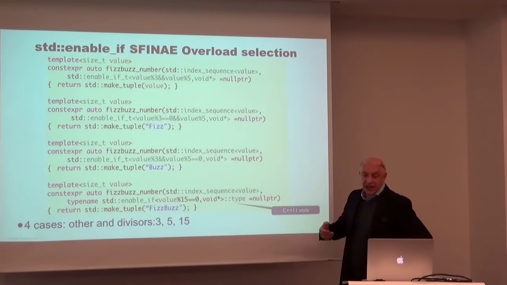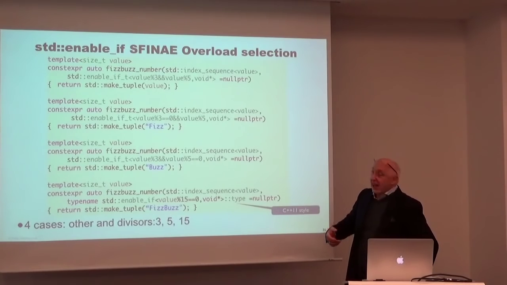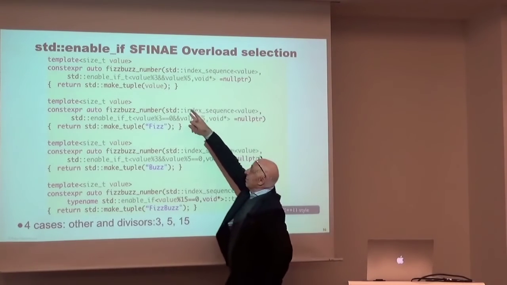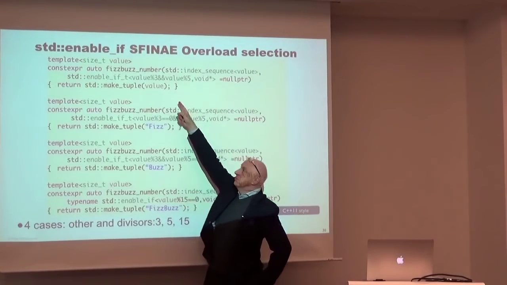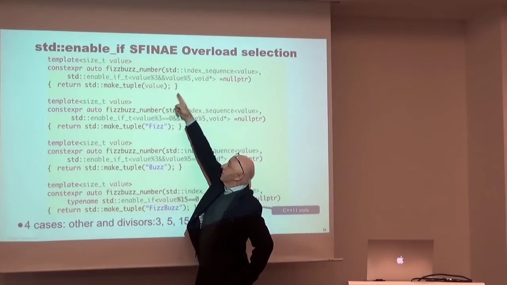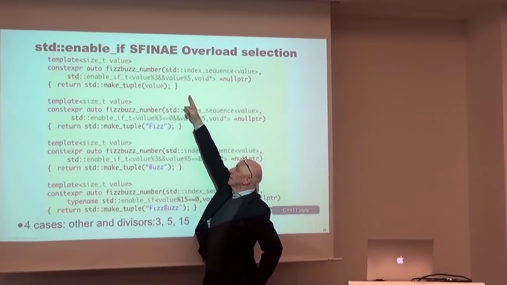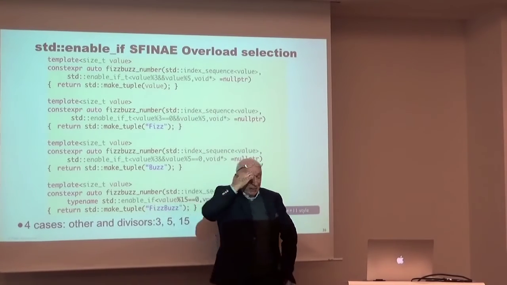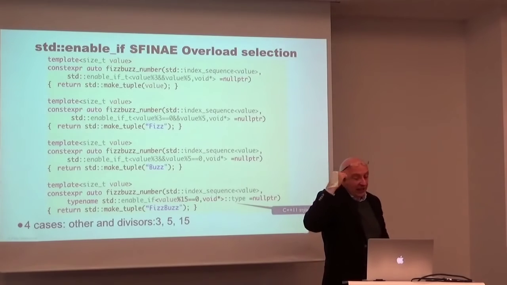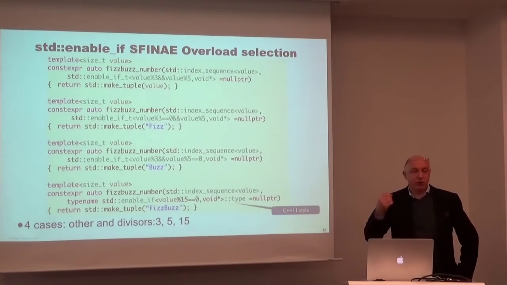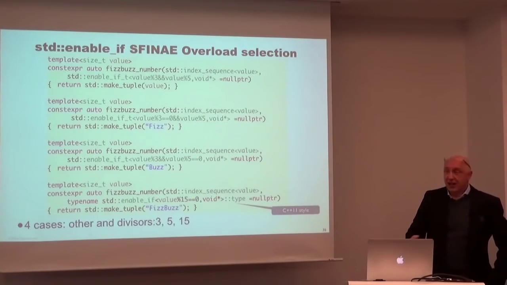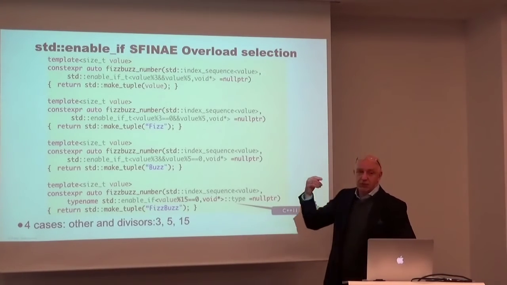And what we are doing now is, okay, enable_if takes a compile-time expression as a template argument, and the type. And if its compile-time expression evaluates to false, it will create a compilation error.